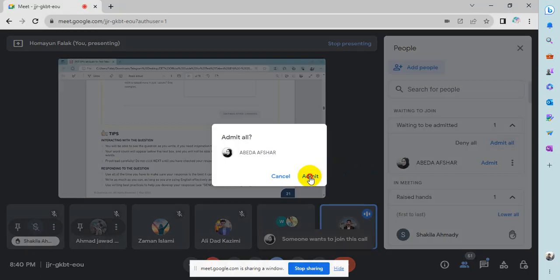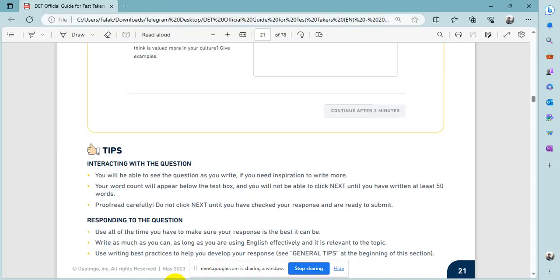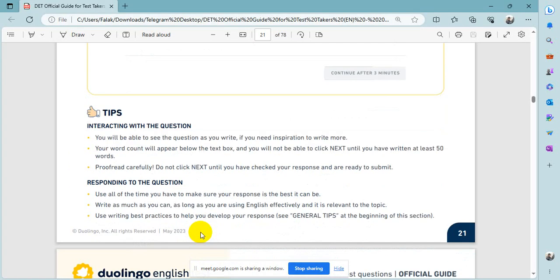The next step says your word count will appear below the text box, and you will not be able to click next until you have written at least 50 words. So exactly, if you don't write at least 50 words, the next button will not light up, and you will not be able to go to the next question.